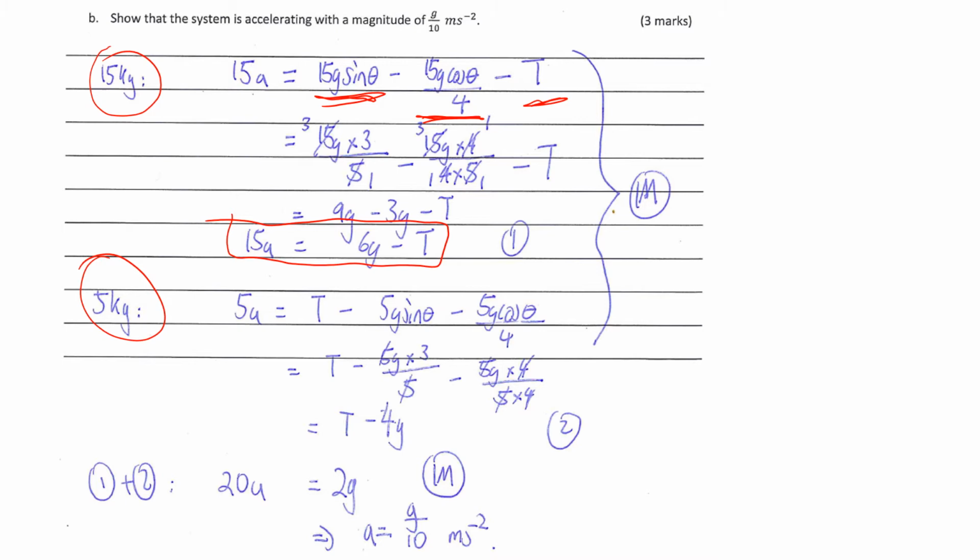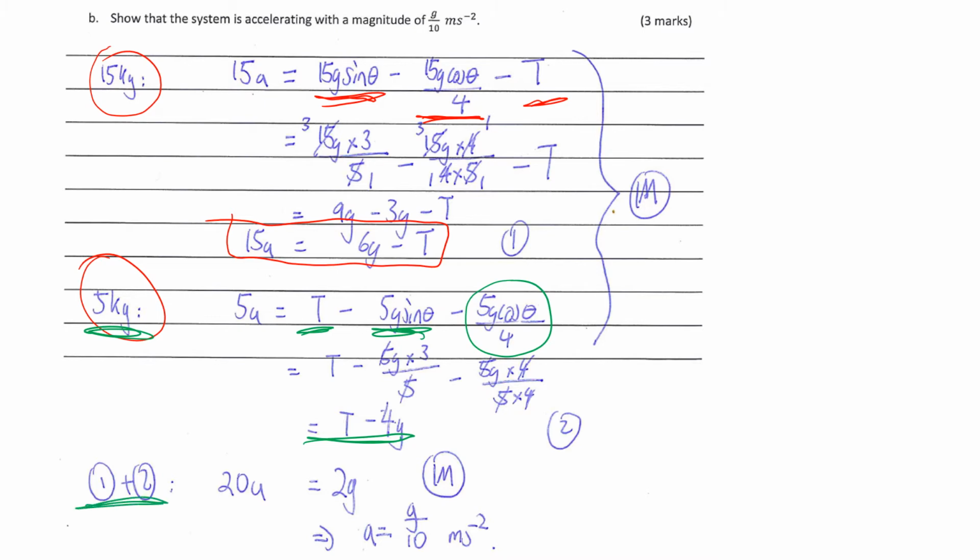When we look at all the forces around the 5 kg object, the tension is the force pulling it up the plane. Here's the weight force resolved down the plane, and here's 1/4 of the normal reaction force, which ends up being the friction force. Replace sine theta with 3/5, cos theta with 4/5, and we're left with 5a equals T minus 4g. I put the two together.